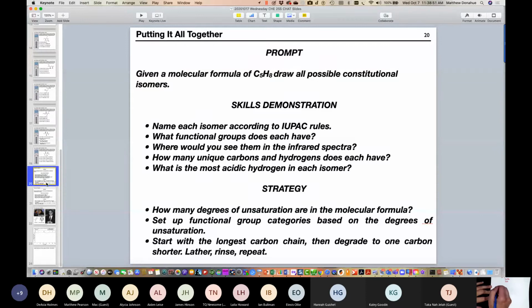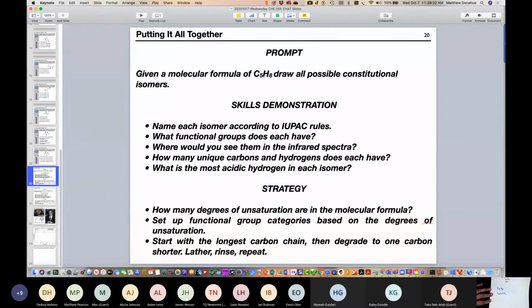Just as an exercise, if you're given the molecular formula C5H8 and, on a separate consideration, C5H7ClO2, look at the prompts for the skills demonstration. Draw all the possible constitutional isomers for each. Then name each of those according to the rules we just went over.